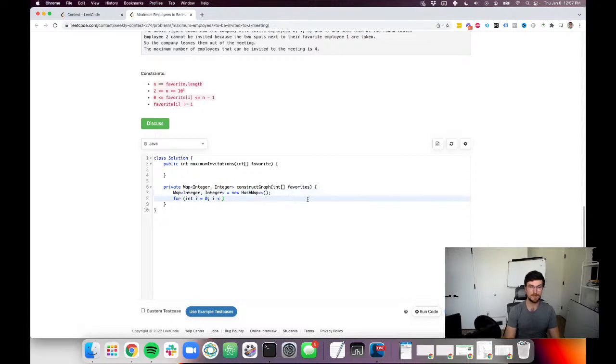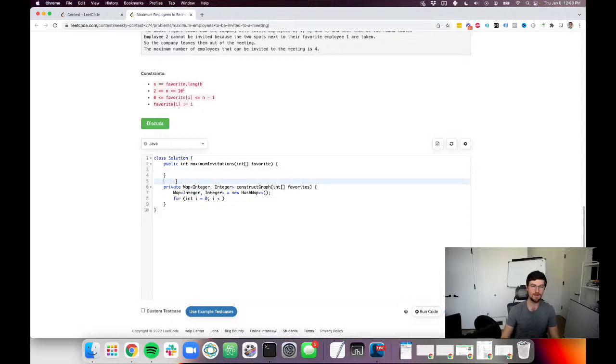So let's do it like this, and then i is less than, and the reason that I'm doing this as a map is that I'd like to be able to actually remove values, and basically remove the keys and then say, is that still in the... like basically if something points to, I'd like to be able to find it easier, like dangling. But now that I'm thinking about it, I'm not sure we even need to do that. We could basically have a Boolean array that's like which ones are still in the.